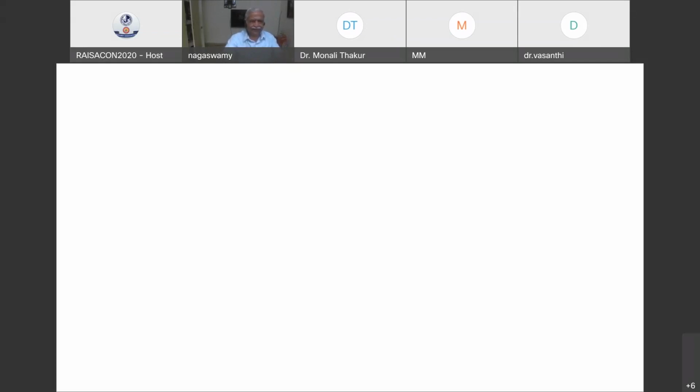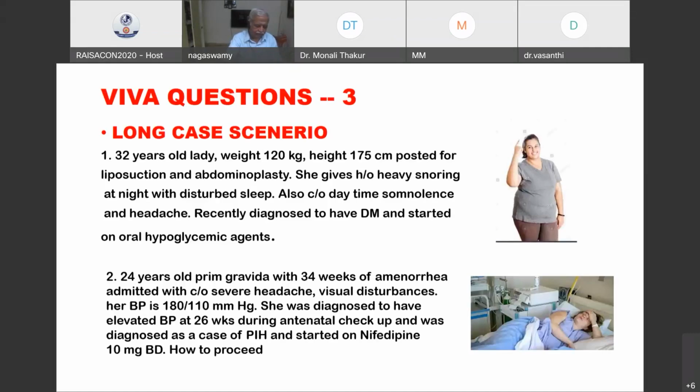Can we flash the slide again? Okay, I'll go back to that. Diabetes mellitus, sir. Yes, she has. It's only a 4-line case scenario, so the moment you see it, you should pick up all these points, because you have very limited time in the examination. You should develop quick grasping and observation skills.